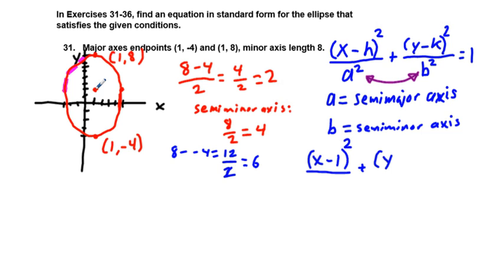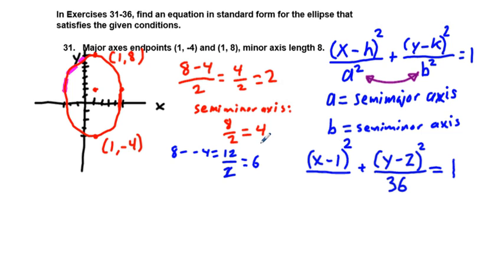Okay, we went up 2, so that's going to be -2 squared. Now in this case, our major axis is related to the y because we have a vertically oriented ellipse. And so we're going to put 6 squared, or 36, down here below the y term.